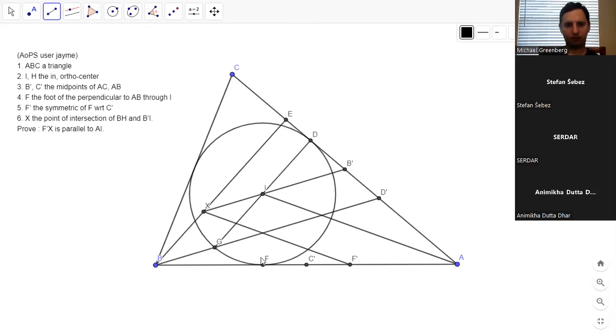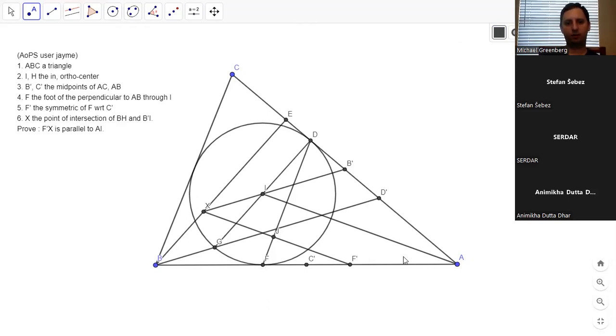Because if we show it, then, can you name the point of intersection of FD and F prime X? If we show that angle, then we will have XED equals to FJF prime, and XED is 90 degrees.